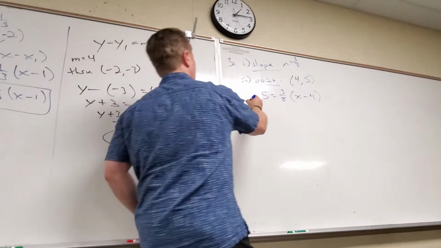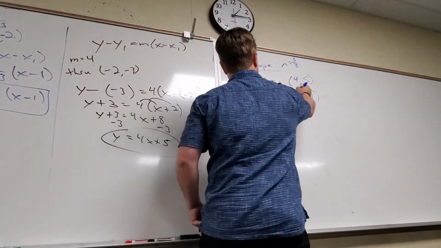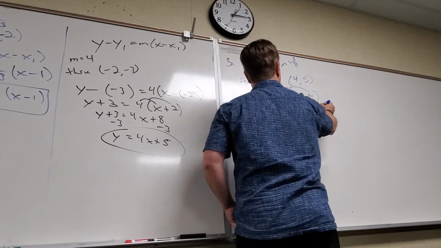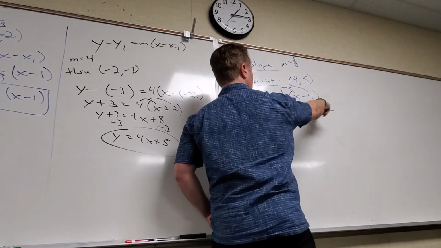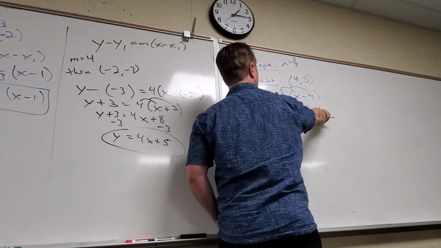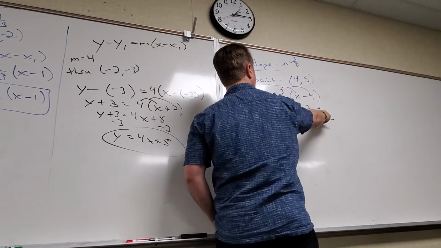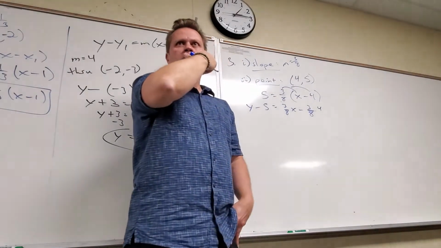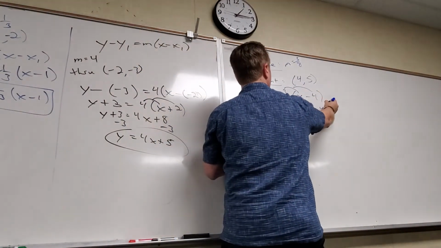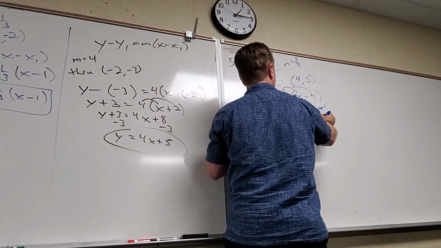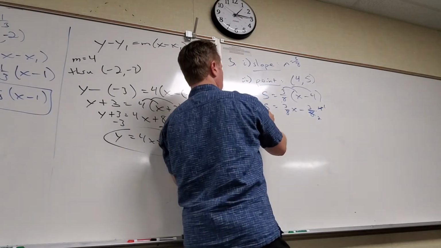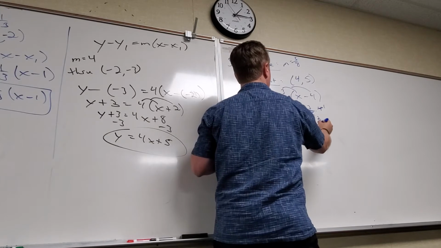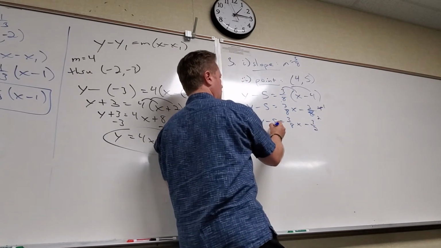Now here's something a little bit nice. 3/8 times 4, I just wrote it for myself because I'm nice to myself. And then I'll worry about how to do it. So 4 goes into 8 twice. So you got y minus 5 equals 3/8 x minus 3/2, and then I just have to add 5.